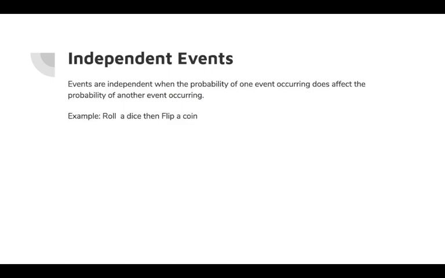Again, we're still combing over some definitions. Independent events. Events are like the results of your sampling or the outcome of some experiment. Events are said to be independent when the probability of one event does not affect the probability of another event occurring.